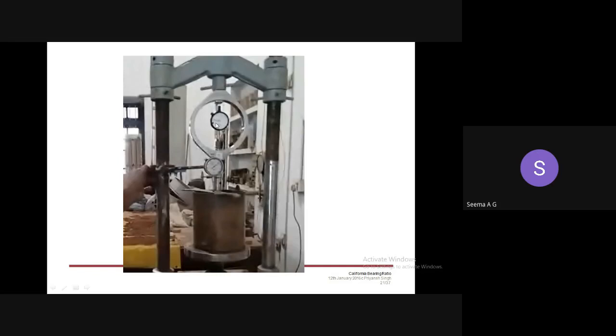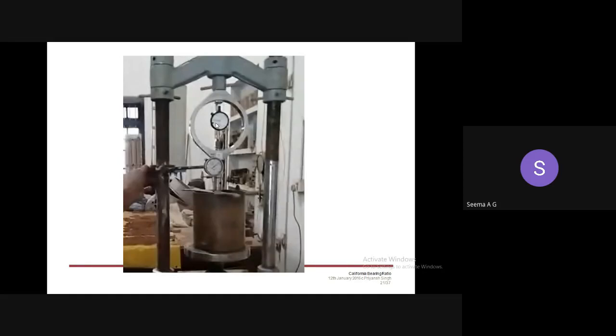So the loading is continuously applied until failure or till the penetration reaches 12.5 mm. All the readings, penetration and the corresponding proving ring reading, are taken. So now all the values are obtained, and after this the machine can be stopped.